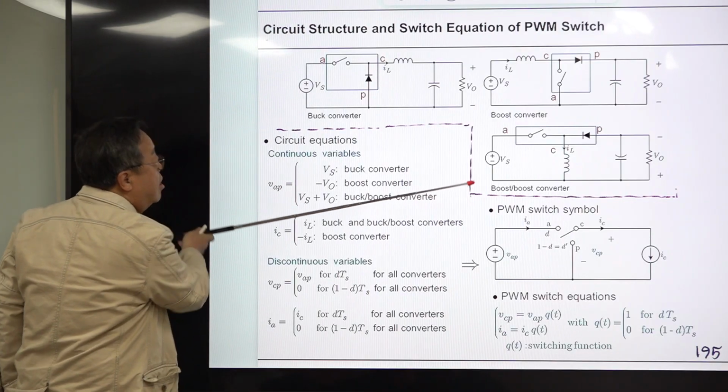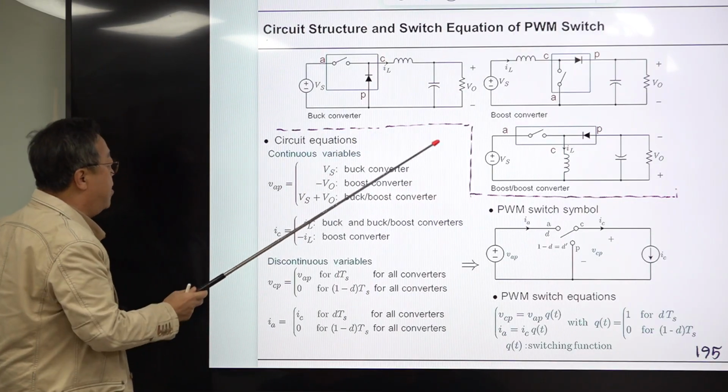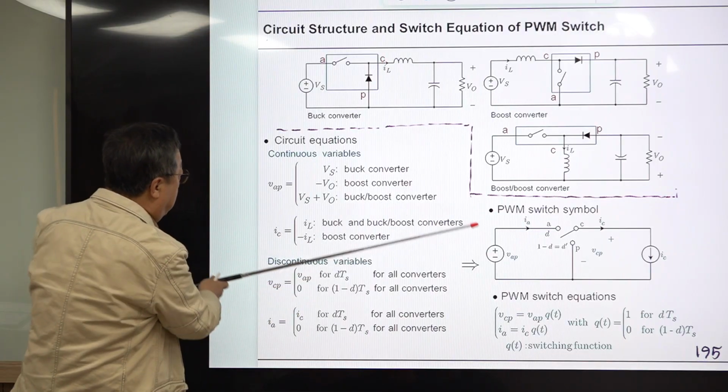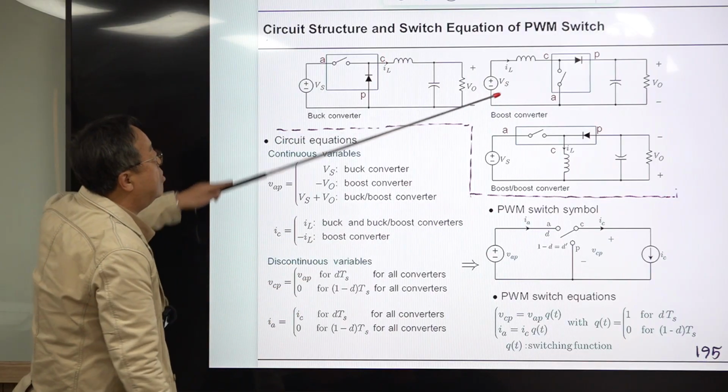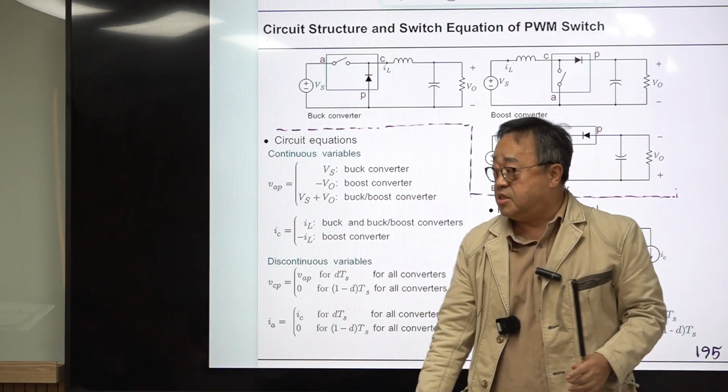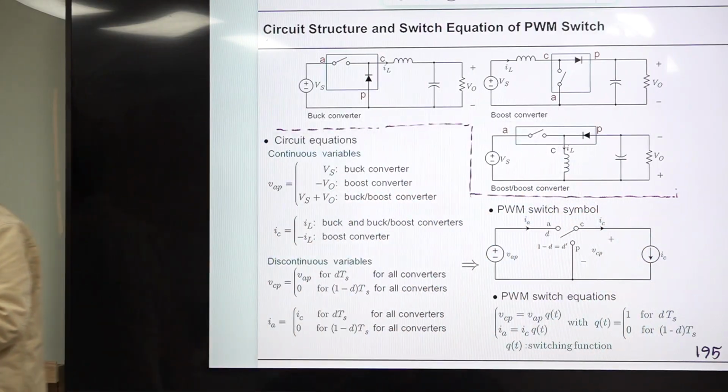They're shown here, and I_L is the same as I_C for this converter and this converter, but for the boost converter, I_L and I_C are opposite because I_C is defined as the current leaving from this common terminal. So this is the direction of I_C, and this is opposite to I_L.